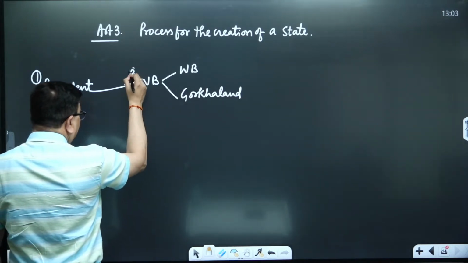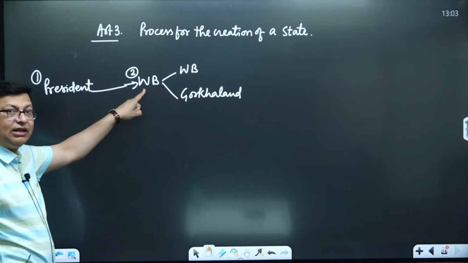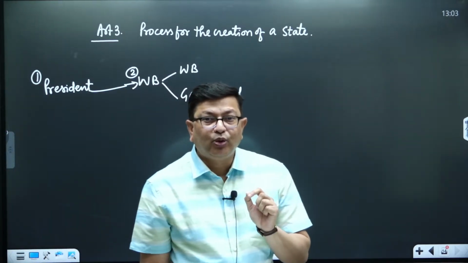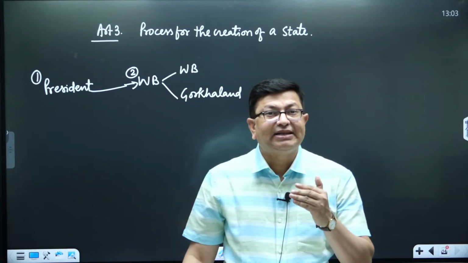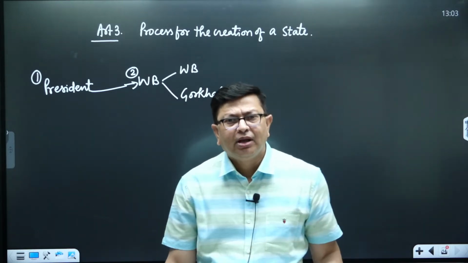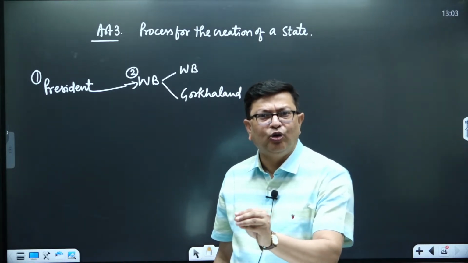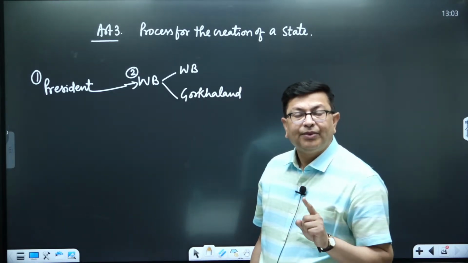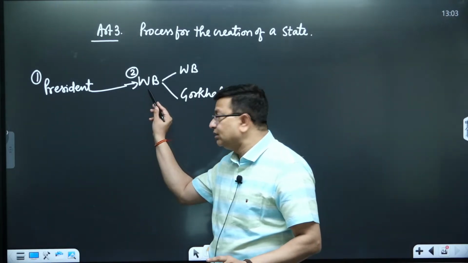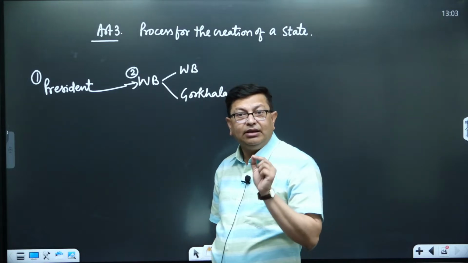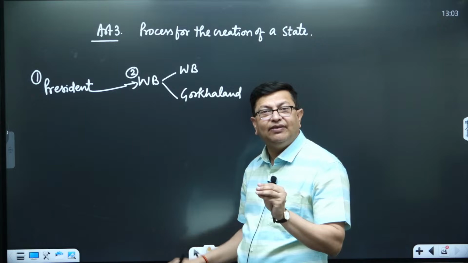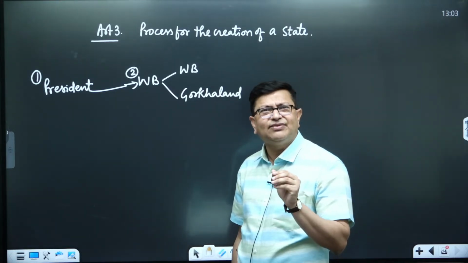The president will send the bill for its views, and the state legislature will have to give the views within a specified time. The president will specify a time, within 1 month, 15 days, 2 months, whatever it is. After the lapse of the time frame given by the president, it will be assumed that the state legislature has given its views, even if they have said nothing.